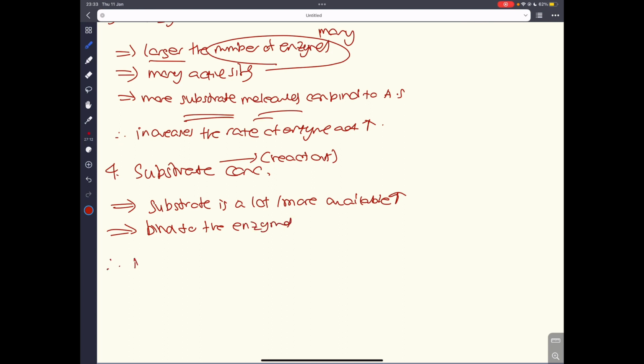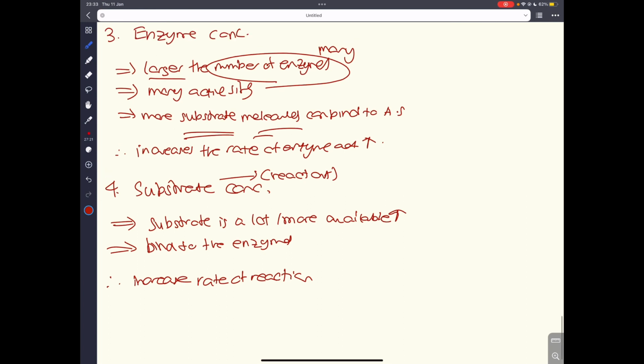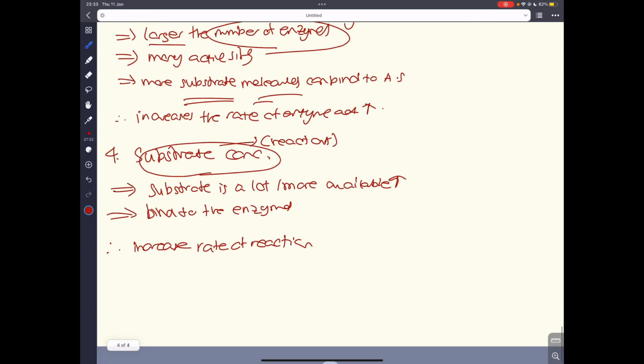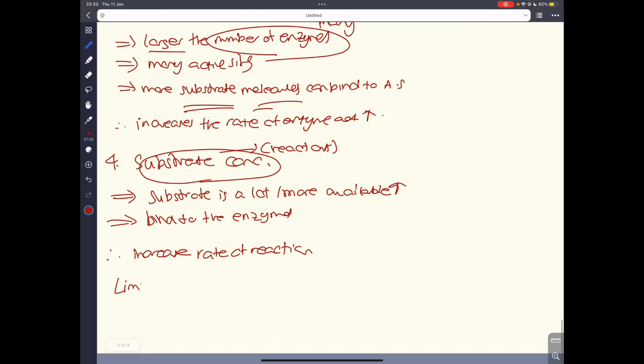This will therefore again increase the rate of reaction. Now I should point out for substrate concentration, there's a limiting factor. A limiting factor is basically a factor that is preventing the rate from reaching its highest. So what I want to say is that the limiting factor of substrate concentration is basically the enzyme concentration.